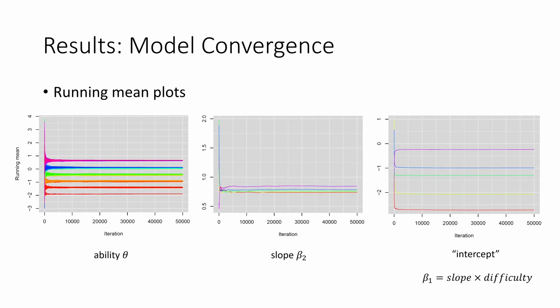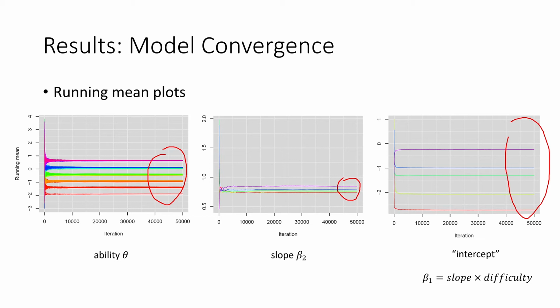Results for model convergence. From the running mean plots, we can see at the end of the plots, the running means became stable for 1000 ability parameters, 5 item slopes, and 5 item intercepts.